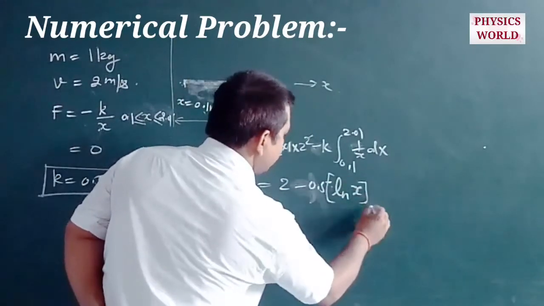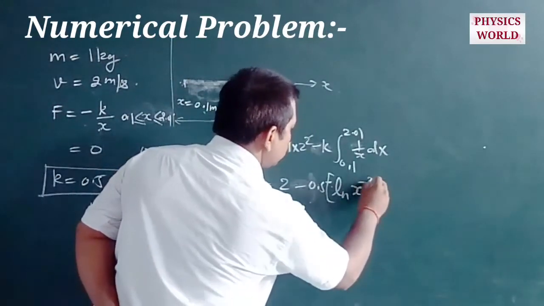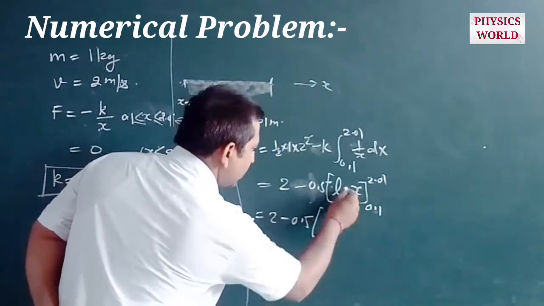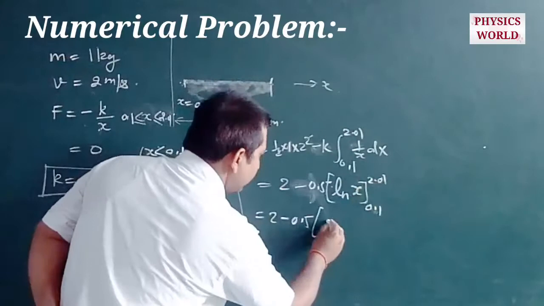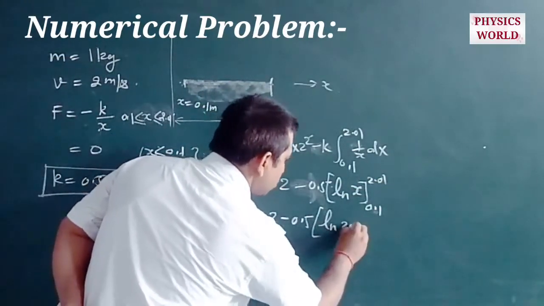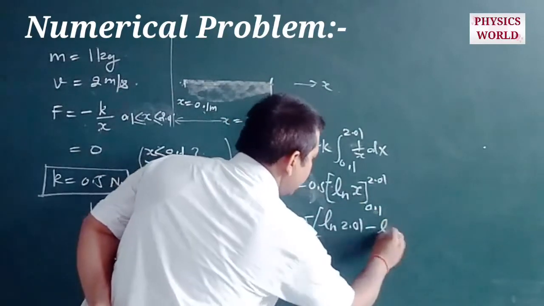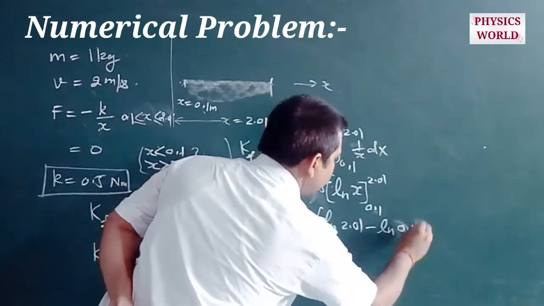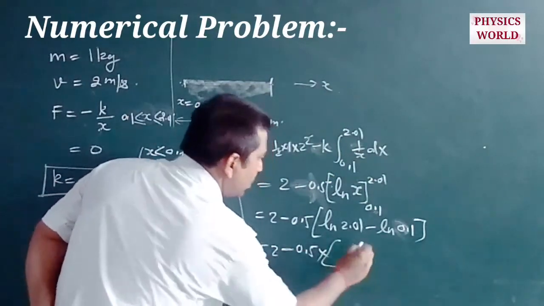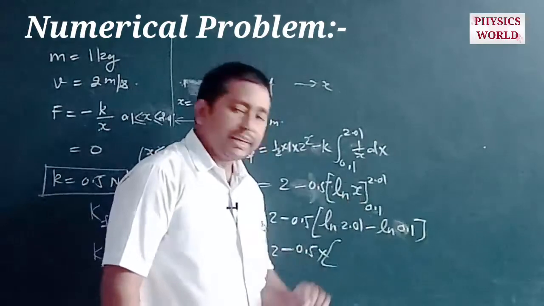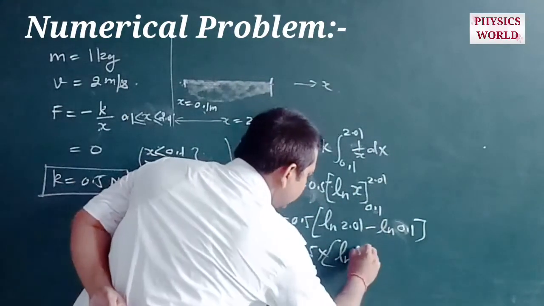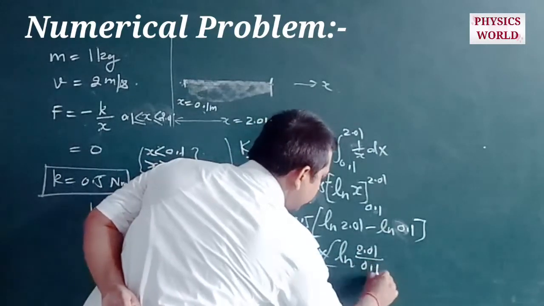Taking the limits from 0.1 to 2.01, we get 2 minus 0.5 times ln 2.01 minus ln 0.1. As we know that log m minus log n is equal to log m by n, this becomes ln of 2.01 divided by 0.1.